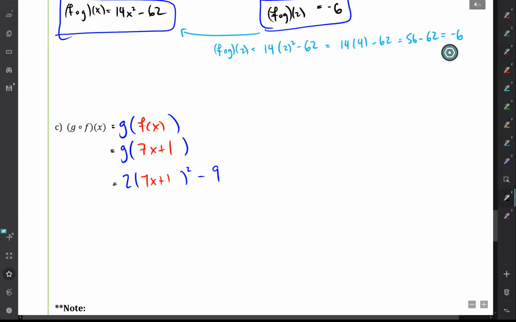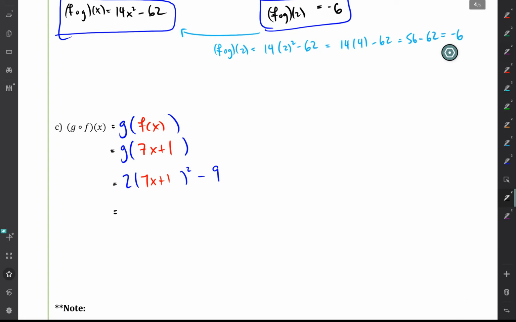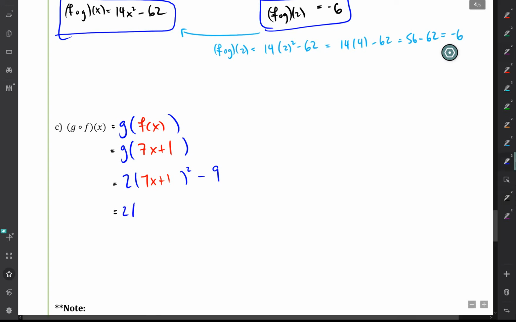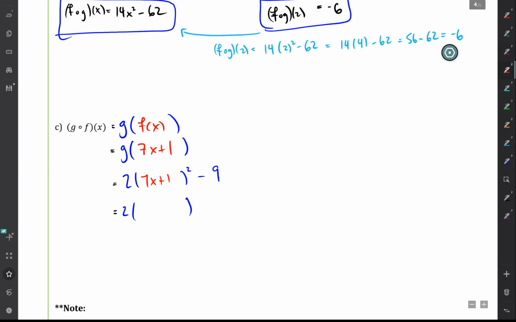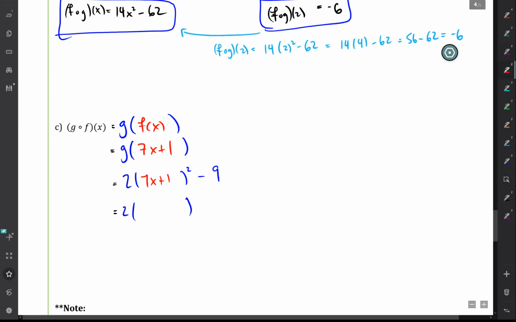Now to simplify this, we need to FOIL 7x plus 1. So let me do that first. 7x plus 1 squared would be 49x squared plus 14x plus 1, and we have the 2 times that, with minus 9 outside.